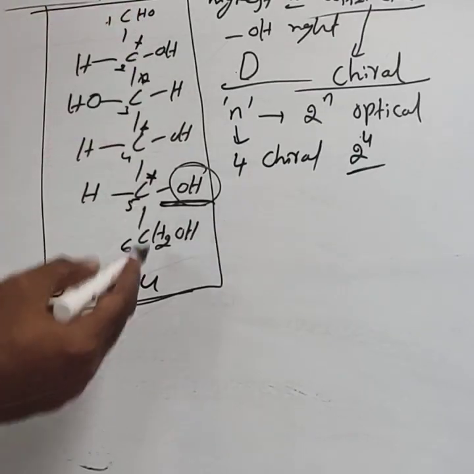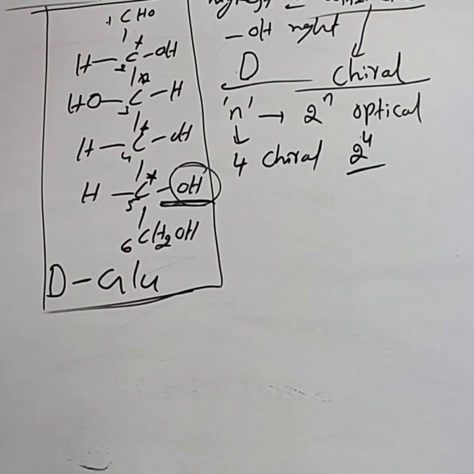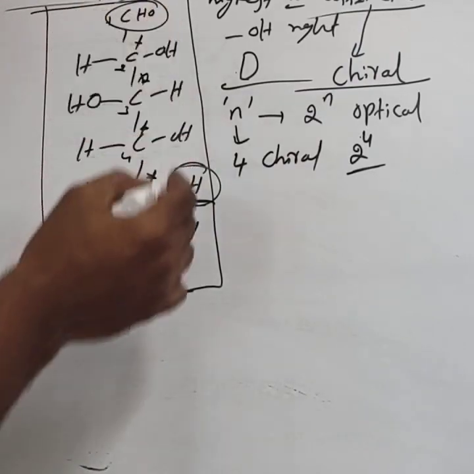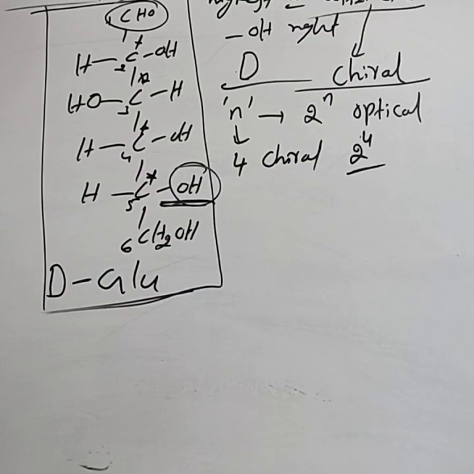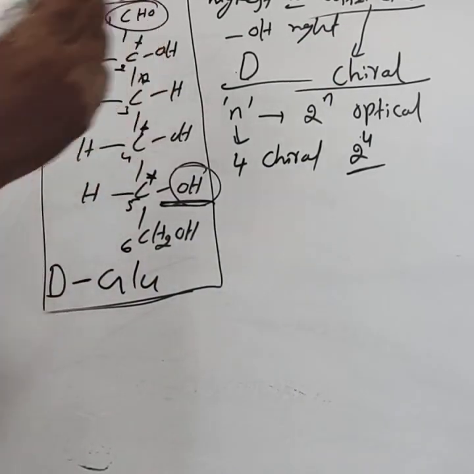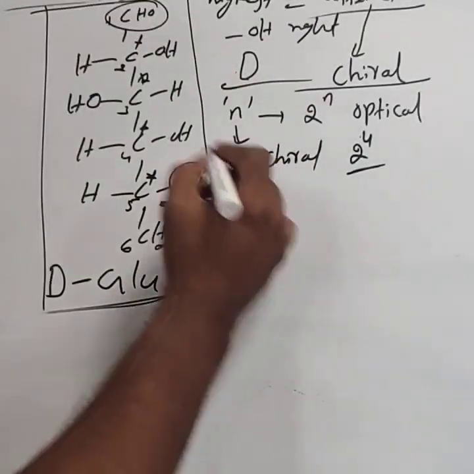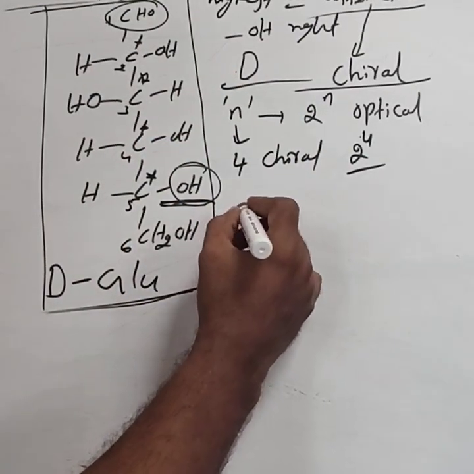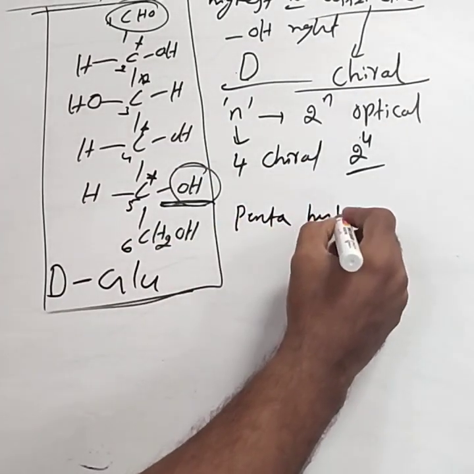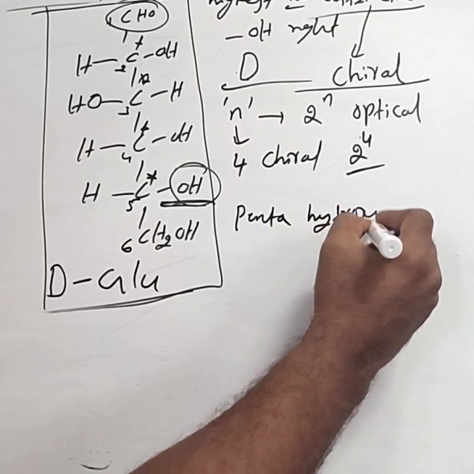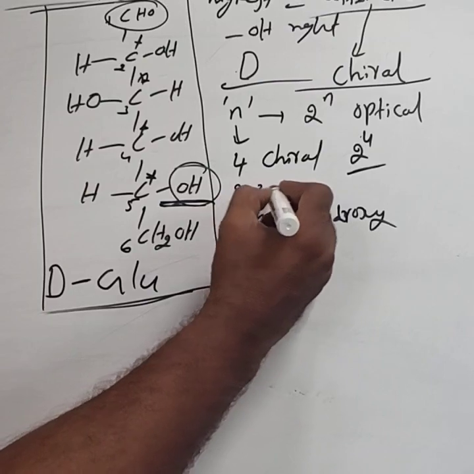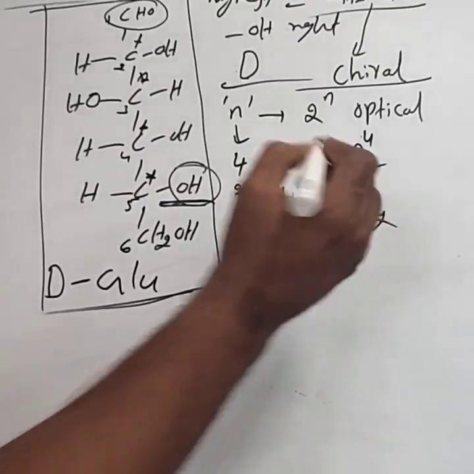You can write the IUPAC name for this glucose molecule. The glucose molecule contains an aldehyde group and hydroxyl groups. When both aldehyde and hydroxyl are present, hydroxyl is the prefix. How many hydroxyl groups? Five, so penta: pentahydroxy. The pentahydroxy positions are 2, 3, 4, 5, 6.